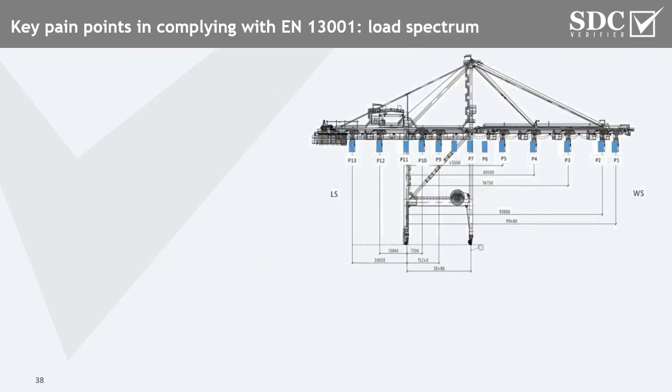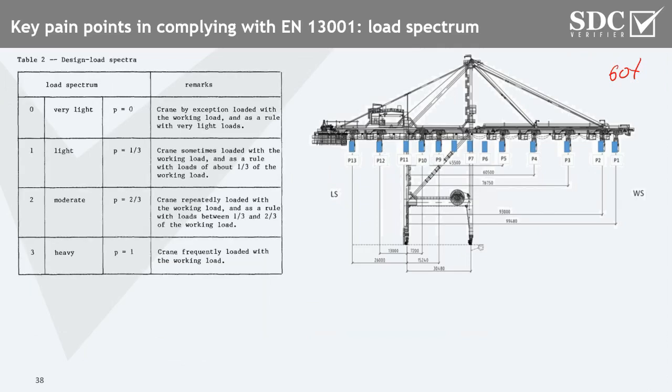Next thing I mentioned briefly is the load spectrum. Let's say you have a loading capacity of 60 tons, and the question is whether your crane is always lifting 60 tons, throughout its lifetime. Of course not. For this purpose, we have different design load spectra. For example, in this case from an older NEN standard, it nicely explains that if the crane is frequently loaded with the working load, then you need to follow with your load spectrum factor of 1.